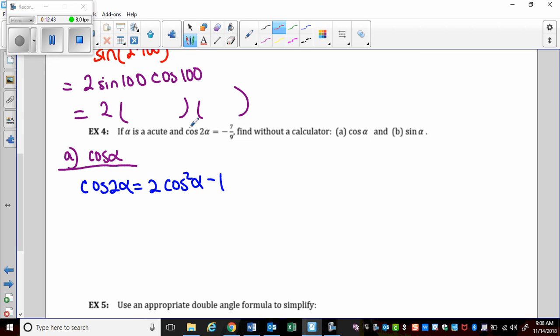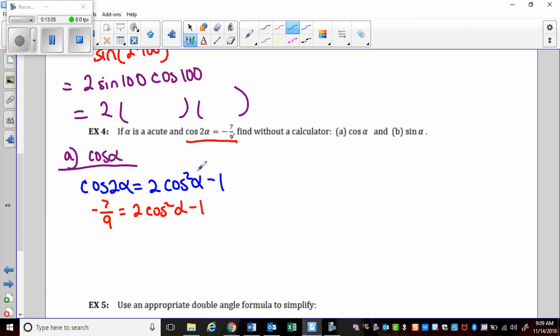So cosine of 2 alpha, they actually give this to you. Cosine of 2 alpha is negative 7 over 9. And then this is equal to 2 cosine squared alpha minus 1. I'm trying to solve for cosine of alpha.